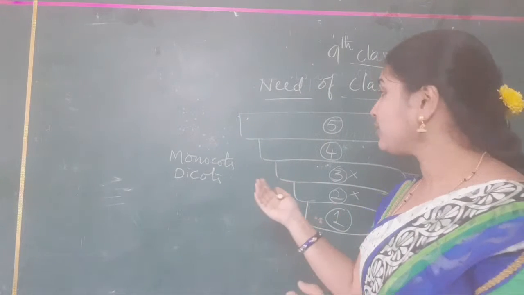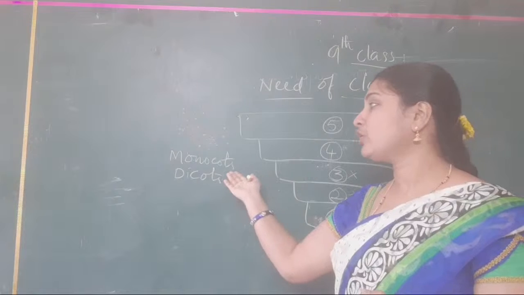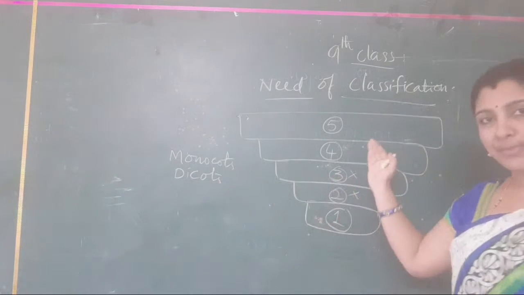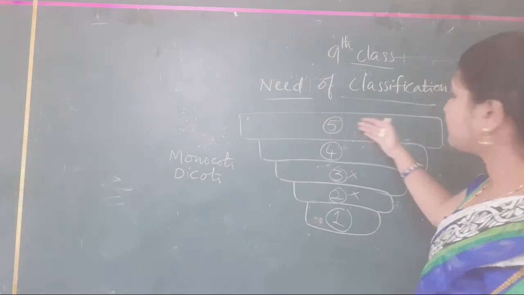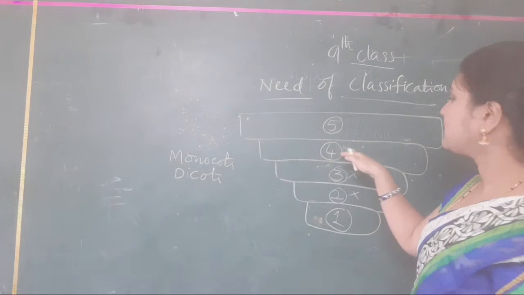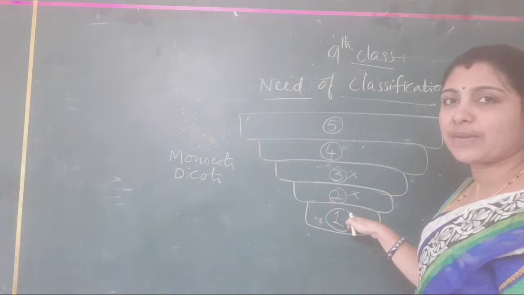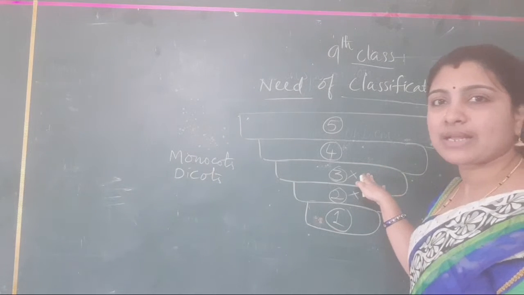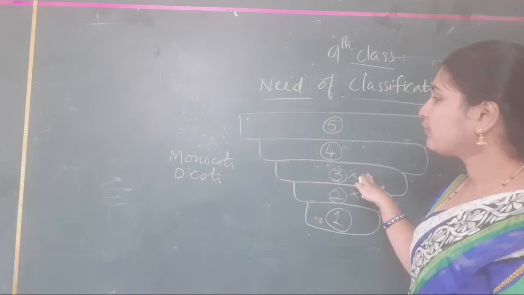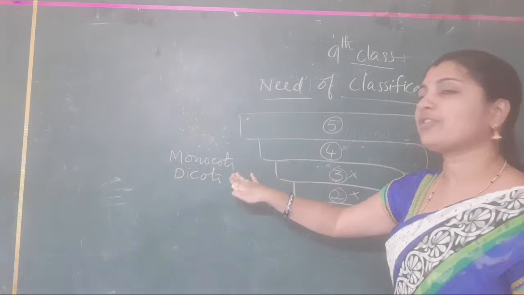This was just an example. So this was filled up with some other, and this also, and this also. So two places are present, the second place and the third place. For which place will you give monocots, and for which dicots?